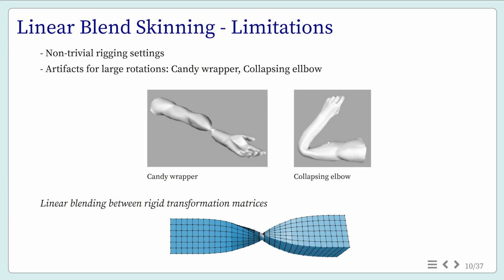The other one is called the collapsing elbow effect, which is associated with a local loss of volume at the articulation of the joint when we bend it using a large angle. These artifacts come from the fact that we are actually linearly blending rigid transformation matrices. So if we want to avoid these issues, we should use some nonlinear blending. There exist some methods, such as dual quaternion skinning, that avoid these artifacts.